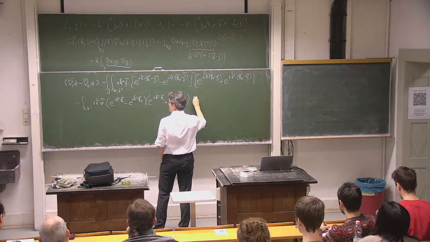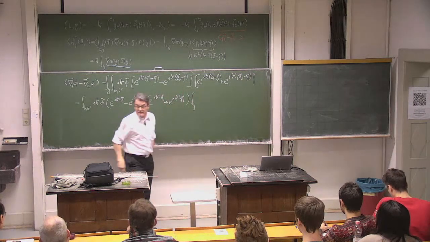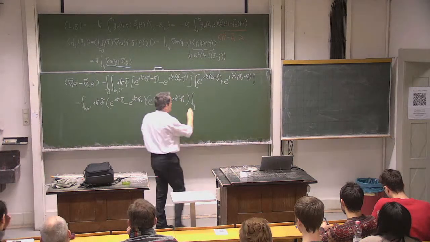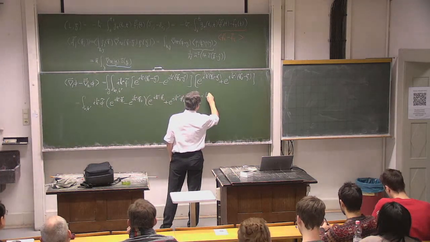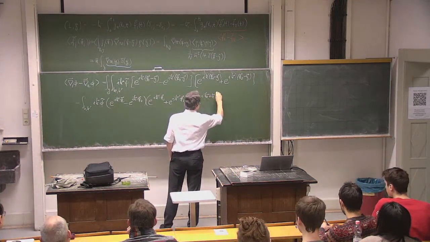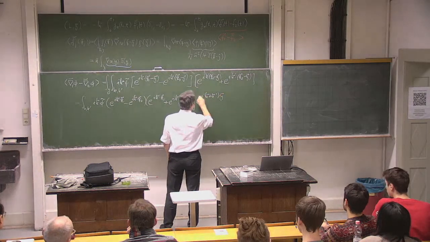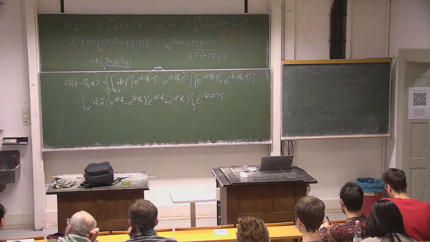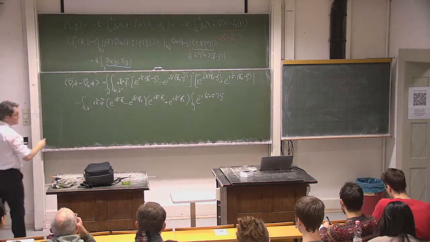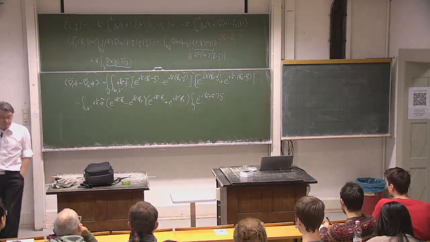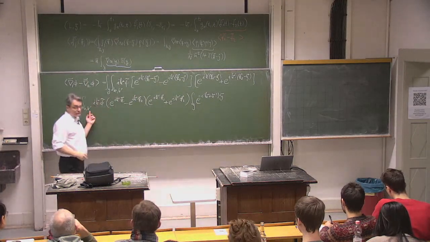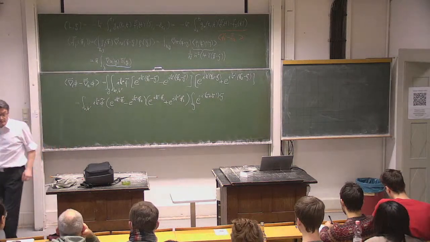And now these are the only quantities that still depend on y: e to the i k plus k prime times y with a minus sign. This gives me a delta function k plus k prime. This means that when I now integrate over k prime, it will replace k prime by minus k.